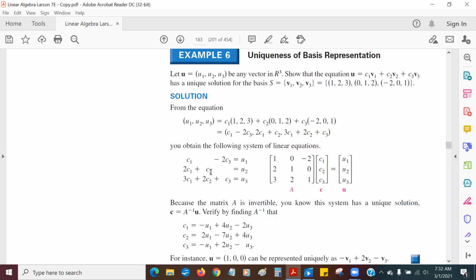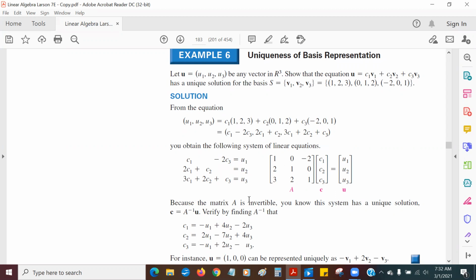And we could rewrite this set of equations as a matrix multiplication. So this is the coefficient matrix times the variable matrix, because we're treating these as variables, and this is the solution matrix, the constant matrix, let's say.